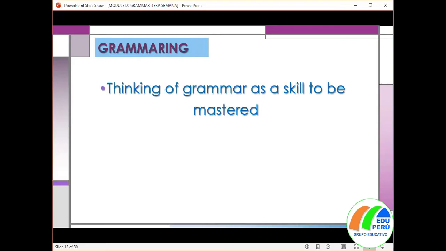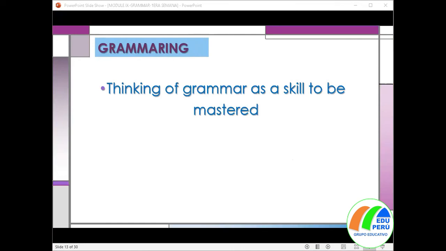Now we are going to talk about this term. This term is grammaring. Grammaring is thinking of grammar as a skill. Notice, as a skill to be mastered, similar to listening, writing, reading, speaking. So you can say that we also have this skill.